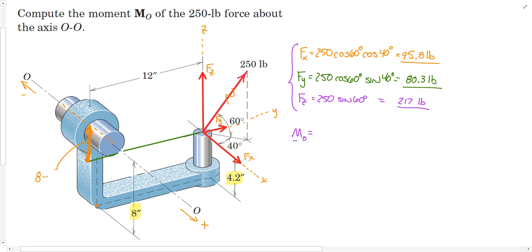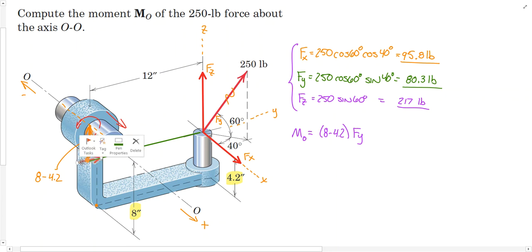So this is really 8 minus 4.2. As our Fy component travels along this line of action, it goes underneath this O-axis, and so it's going to create a moment that goes around the axis in a positive direction by the right-hand rule. So let's do this as a scalar: we're going to have 8 minus 4.2 times Fy.